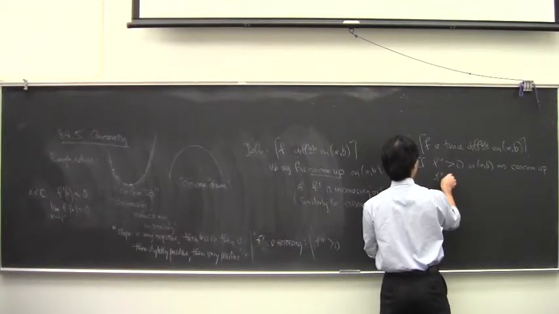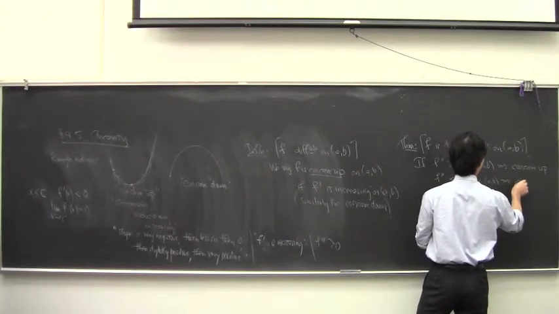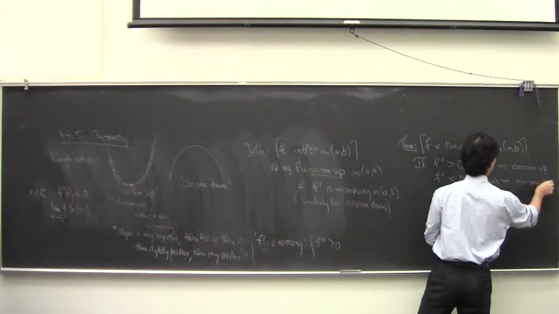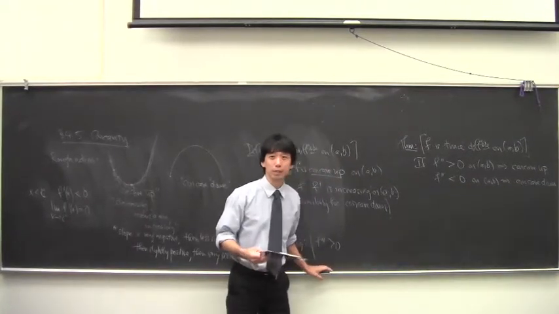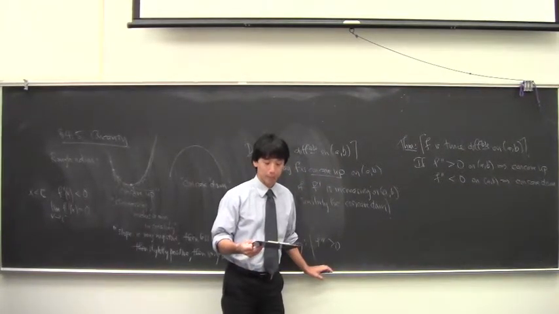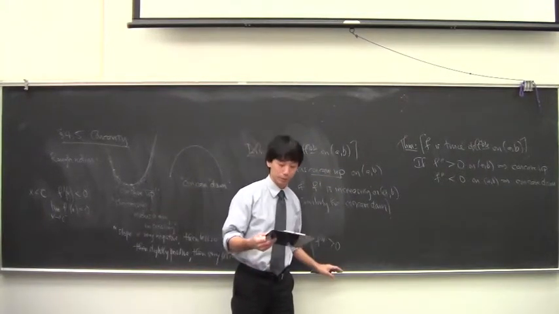And if f double prime is less than 0 on AB, then f is concave down. So there's a relation between the second derivative and concavity. If it's positive on the interval, you're concave up. If it's negative on the interval, you're concave down.